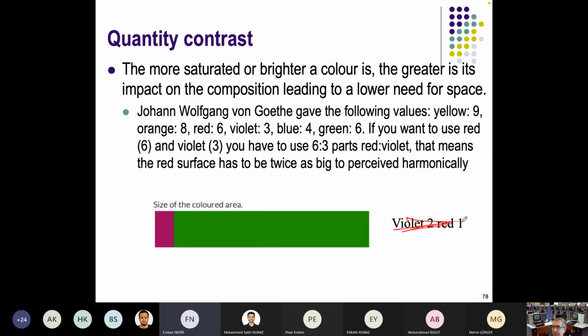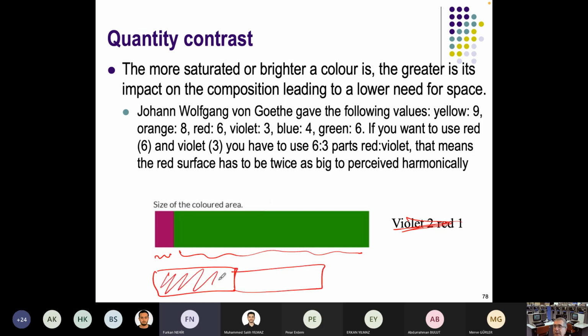For example, when you are using violet and green, if you use equal amounts, this becomes dominant in the design. Therefore, you will use less of the dominant color. Color dominances are very interesting.